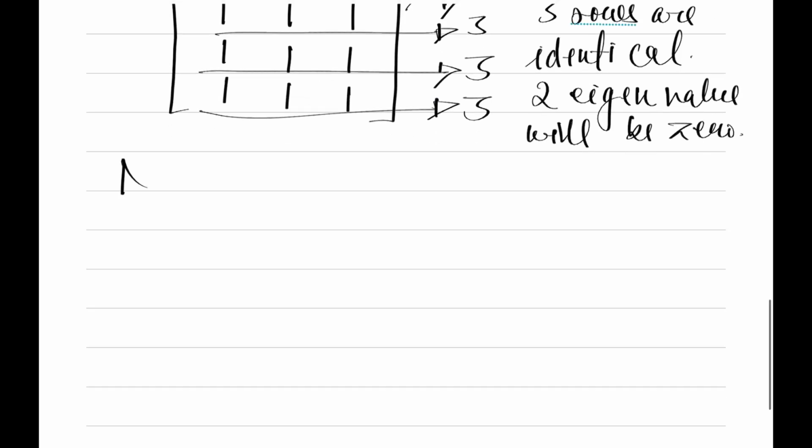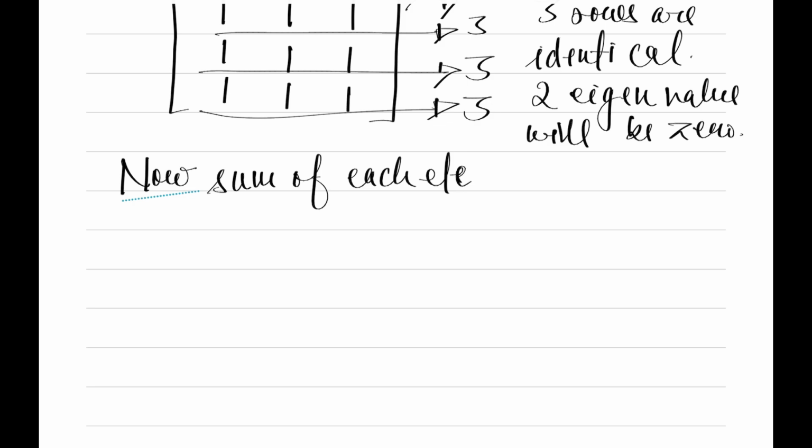Now the sum of each element in a row is 3.